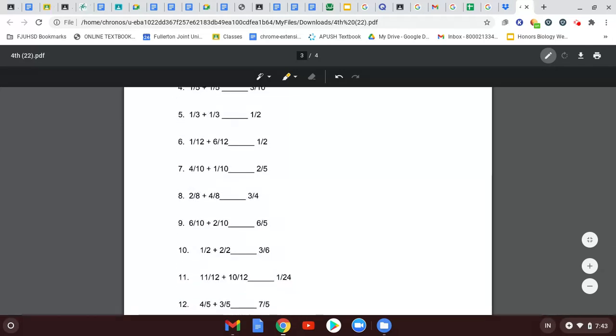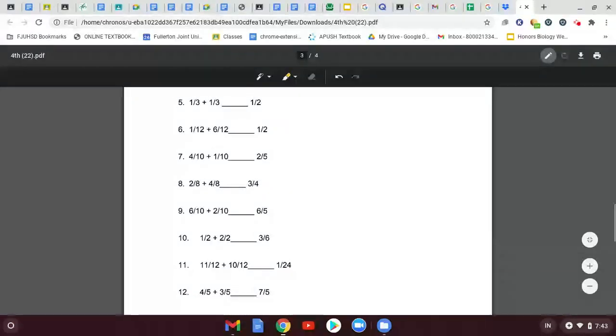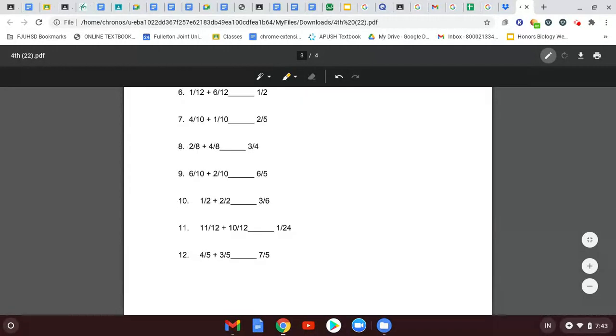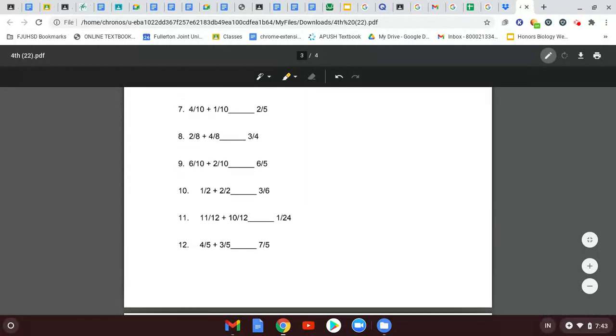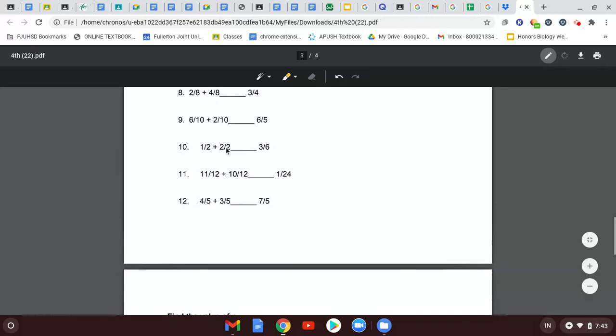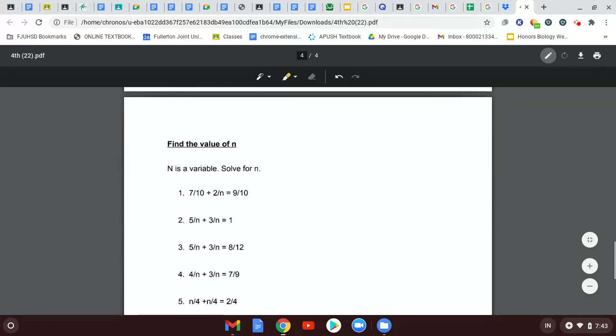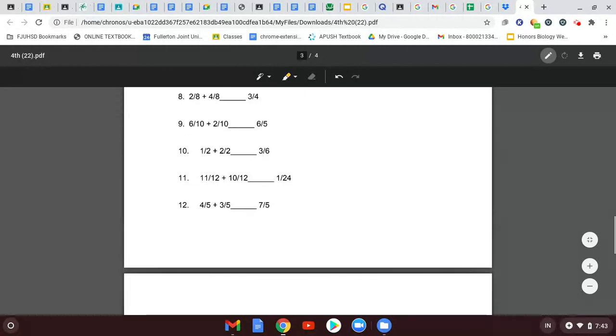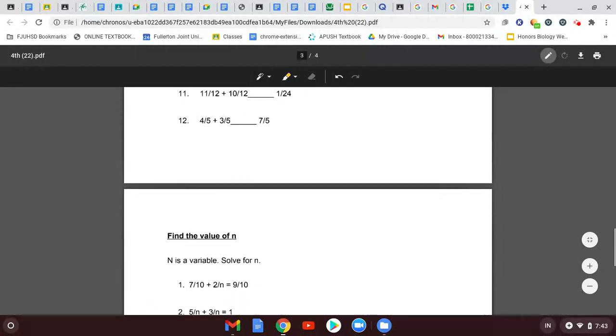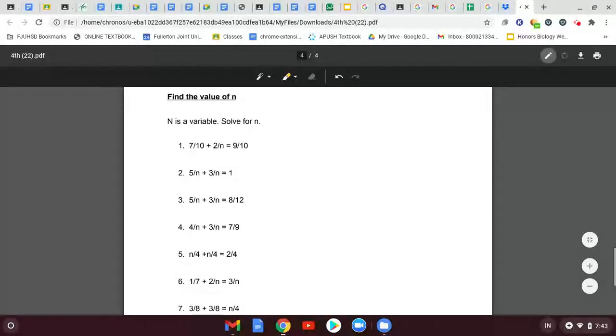So basically for this, we're converting whichever fraction is the easiest way, and then after that, you just compare which one's bigger. Okay, nothing too hard. So let's do n as a variable.